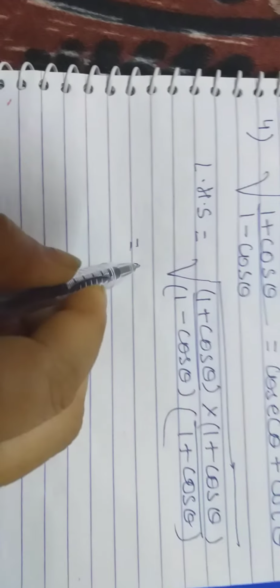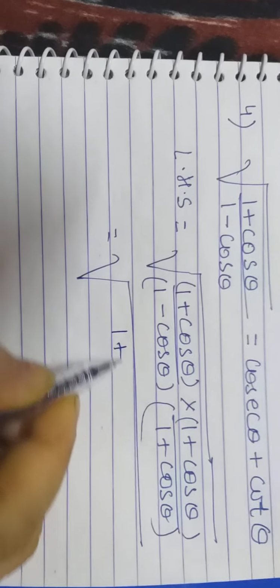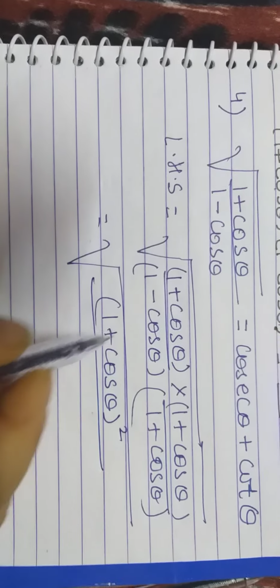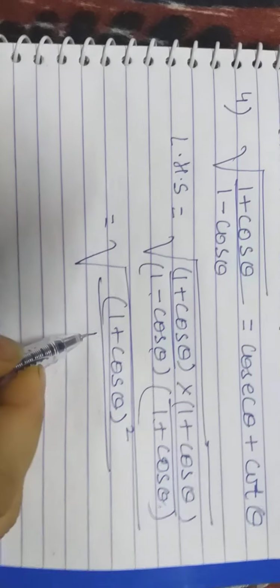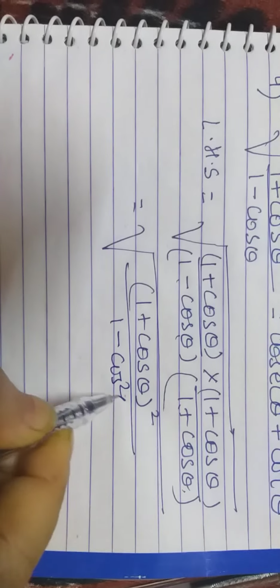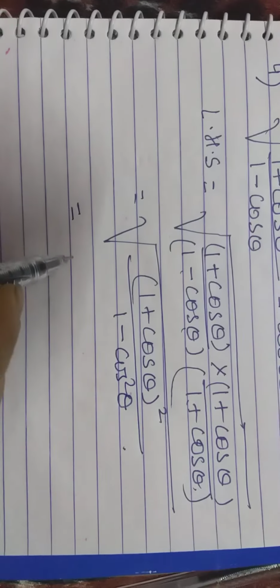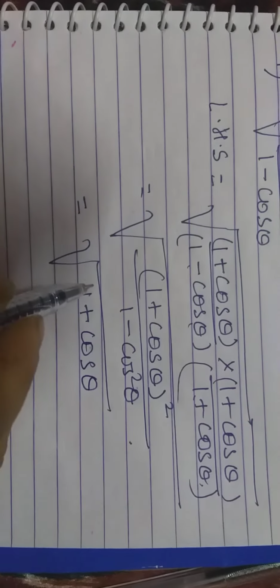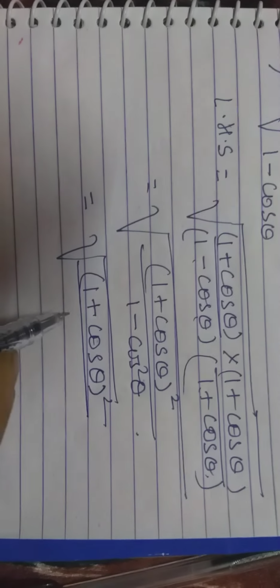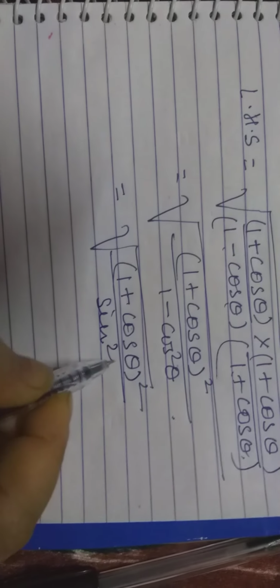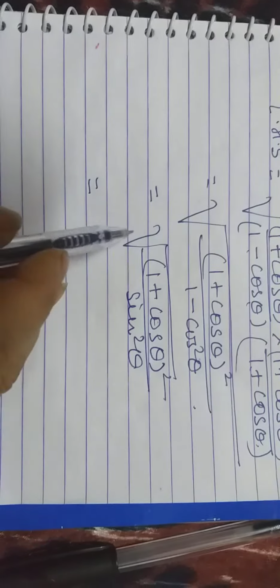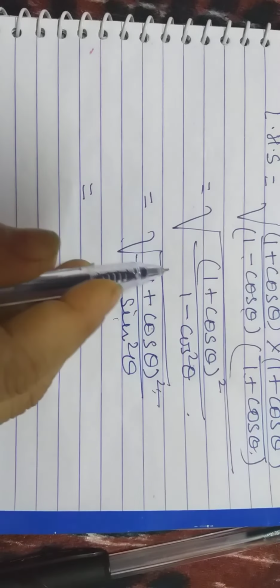Okay class? Now what am I going to get? I'll get (1 plus cos theta) whole square, and (1 minus cos theta) and (1 plus cos theta) is 1 minus cos square theta. So I'll get (1 plus cos theta) whole square upon sine square theta. I'm making use of those three identities only, right? Now, both are square and square, so the root will cancel.